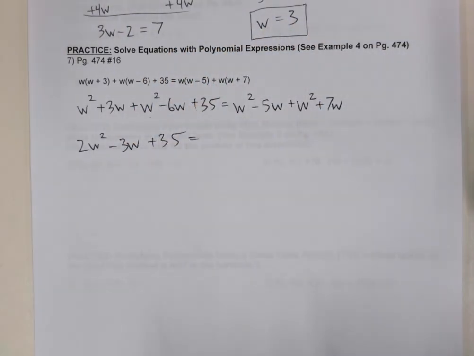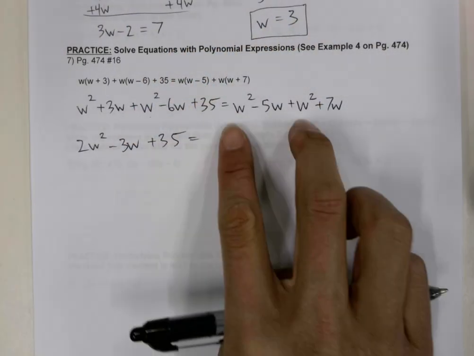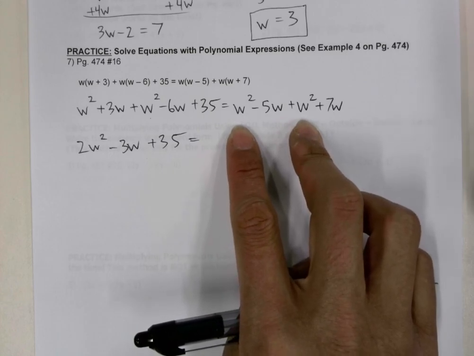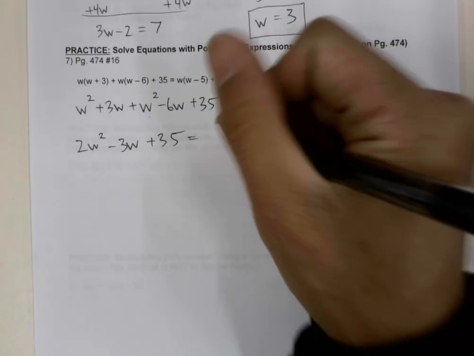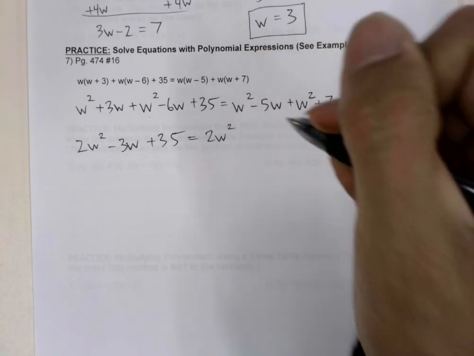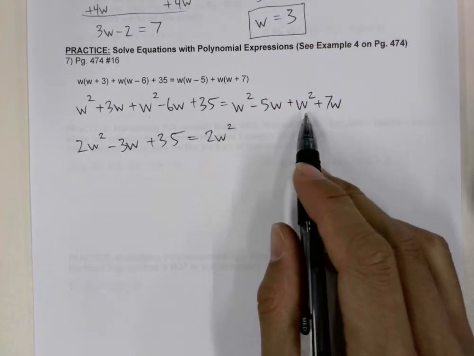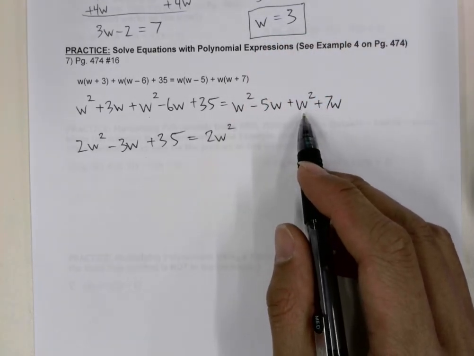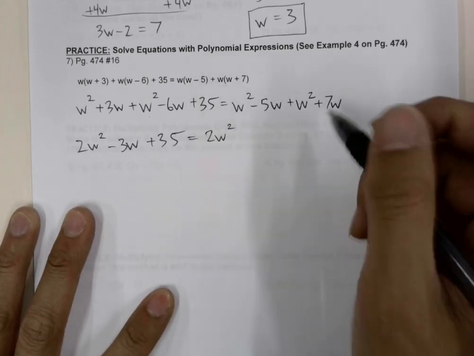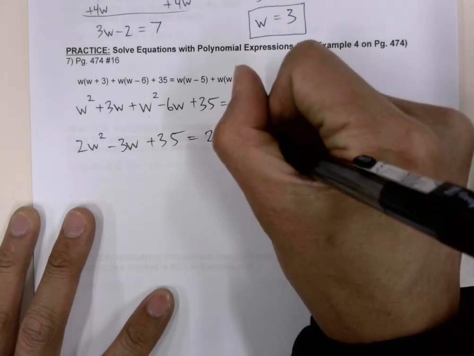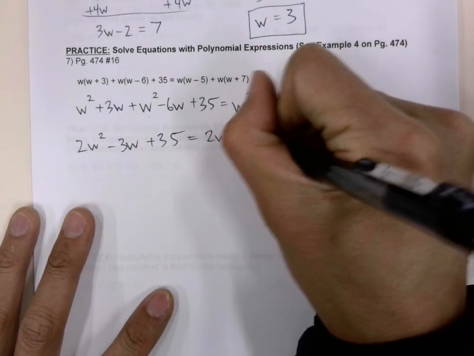So that is going to be equal to, I'm going to combine my two like terms on the other side of the equal sign. So I get 2w squared, and then I have my terms with the w. So how do I deal with that? I am going to get plus 2w.